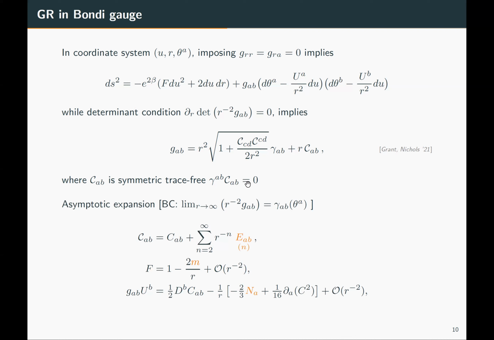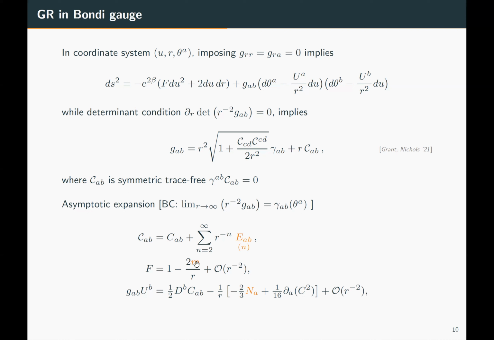Now, if you perform an asymptotic expansion of these quantities that appear in the metric and impose that the spacetime is asymptotically flat in this sense, we see that, for example, this calligraphic C_AB contains at leading order the usual Bondi shear, and then there is no 1/r term, and then at more subleading orders we have these terms which I call E_AB^(n), with n running from 2 to infinity.